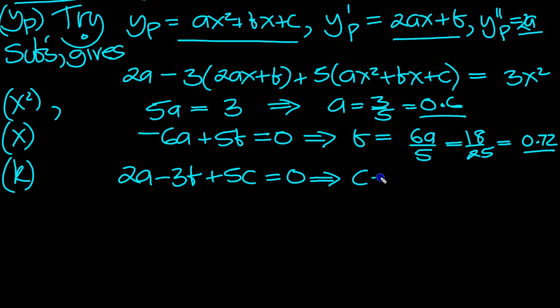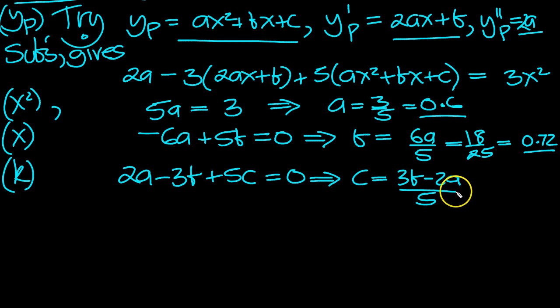So c is equal to, this moves over to plus 3b, this moves over to minus 2a, over 5, because the 5 can now come down from times to divide.